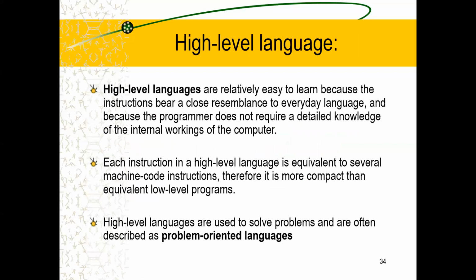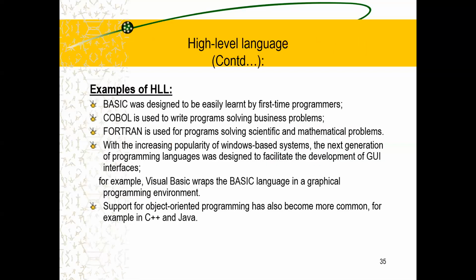Now high-level language. High-level languages are relatively easy to learn because instructions bear a close resemblance to everyday language, and the programmer does not require detailed knowledge of the hardware. Now we will see examples of HLL, that is, high-level languages. BASIC was designed to be easily learned by first-time programmers.